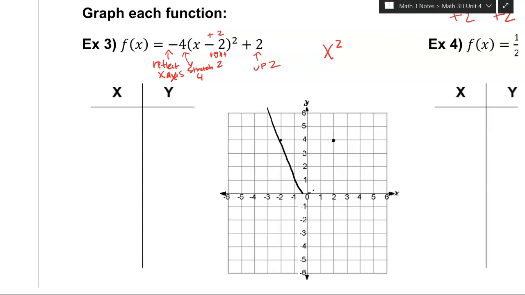So we're just going to graph it in black, and I keep messing up the line, so it's not matching up to our points correctly. All right, so that's our parent function of our x squared graph.